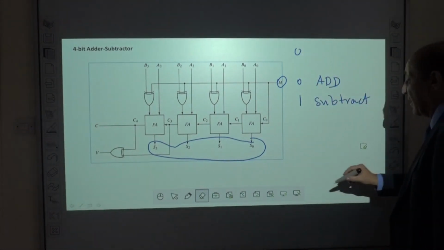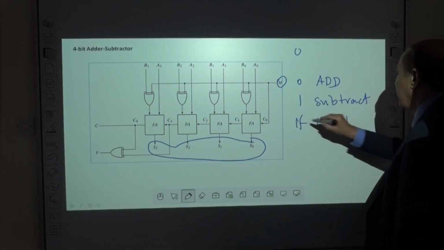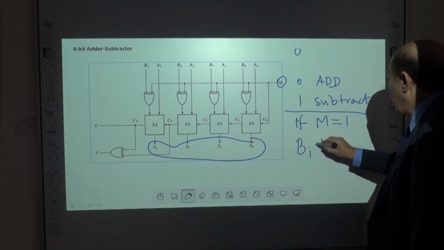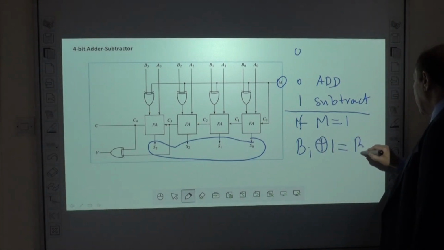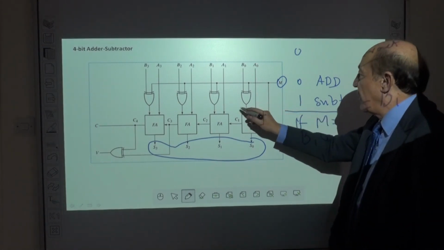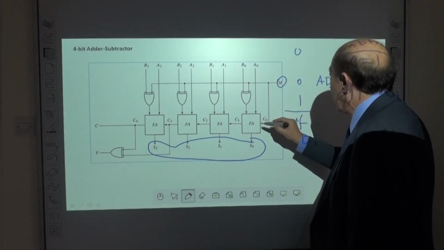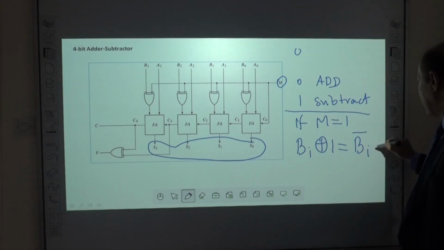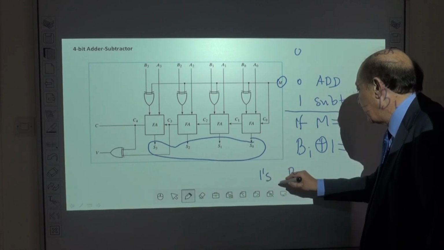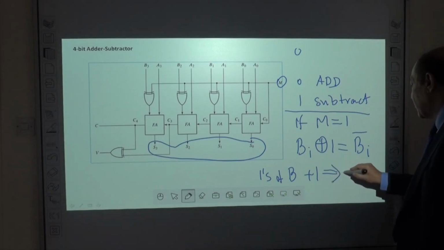However, if M equals 1, then Bi exclusive OR 1 will result in the complement of Bi. So here we obtain the 1's complement of B, and since M is applied to the first carry, 1's complement of B plus 1 will output 2's complement.